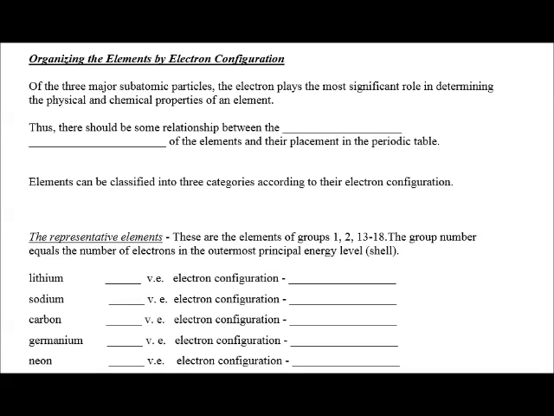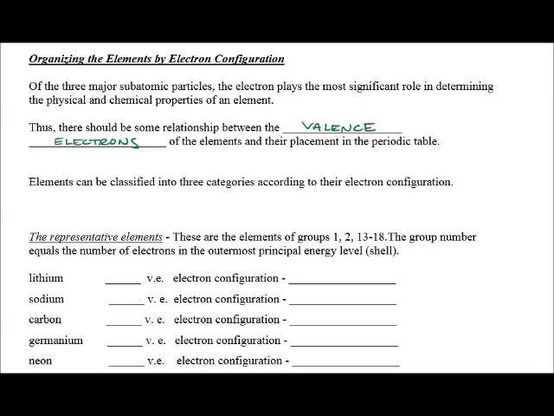Of the 3 major subatomic particles, it's the electron that determines the chemical properties of an element. So there has to be a relationship between the valence electrons of the elements and where they're placed in the periodic table.